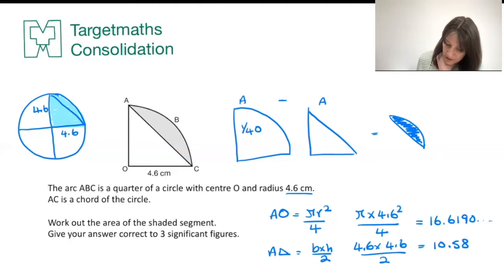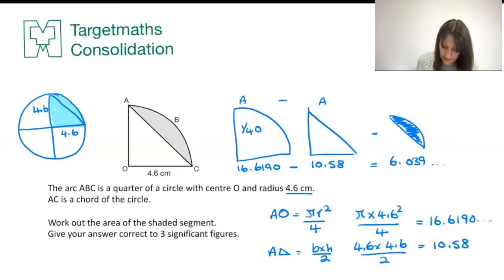So that's what I'm going to be doing: 16.6190, take away the 10.58, and that is going to give me my segment that they wanted me to find. So 6.039, on and on it goes.